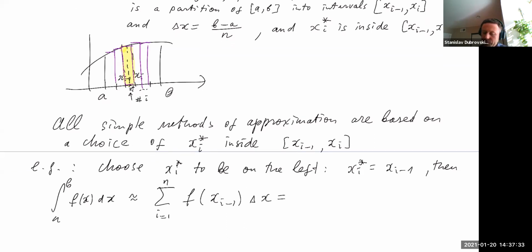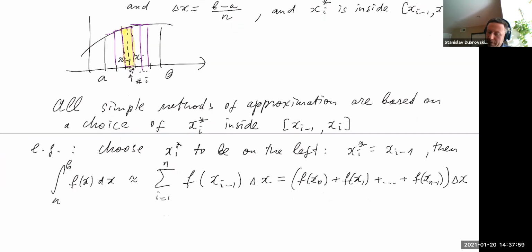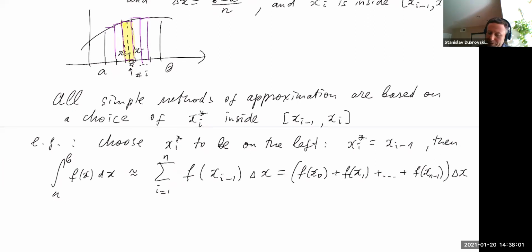If we roll out this sigma notation, what it really means is we are taking delta x, which can be taken outside, times f(x_0) plus f(x_1) plus dot dot dot, stopping at x_{n-1}. That's the last selection, and that is what we call the left-hand rule with n subdivisions.